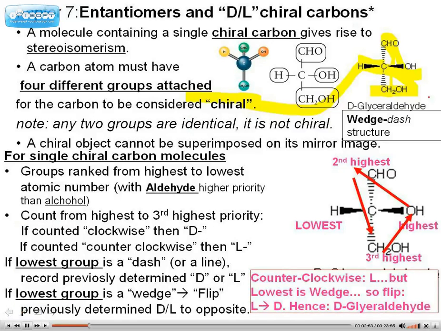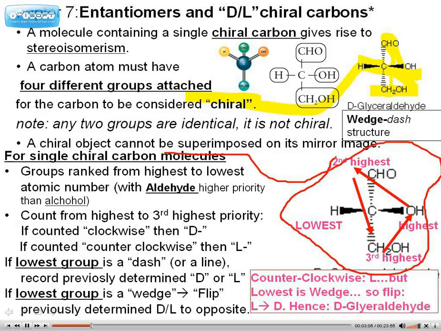So, let's move on and investigate how to name it D or L. Using a wedge-dash molecule, the first thing we need to do is rank from highest to lowest priority.